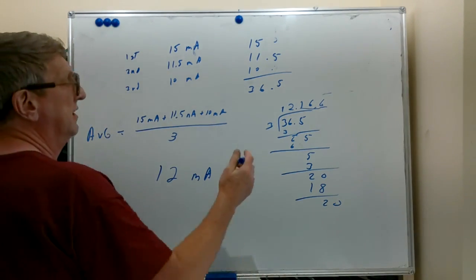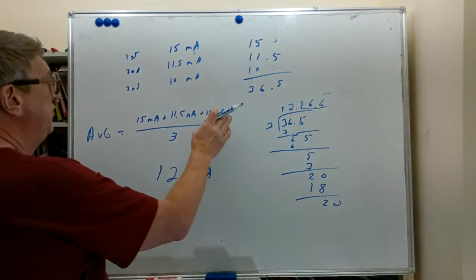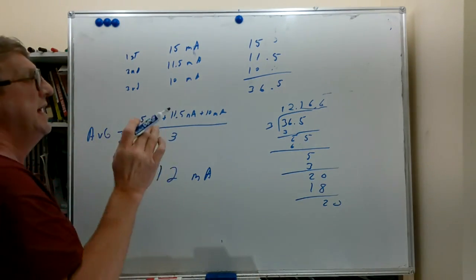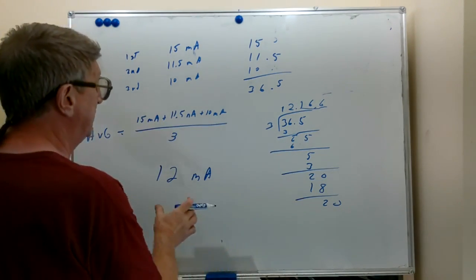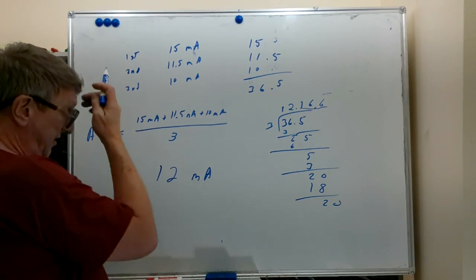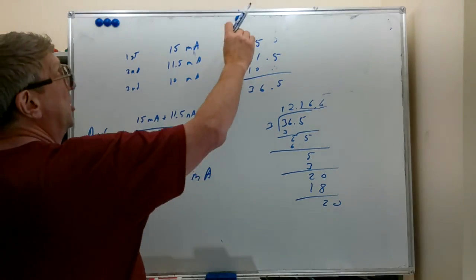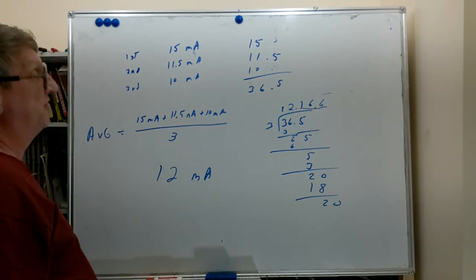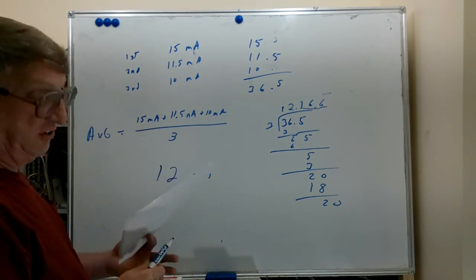That's why we used all the information that we had to calculate it, then we rounded to a number that had no more significant digits than our least number of significant digits in the data we used to calculate the answer.